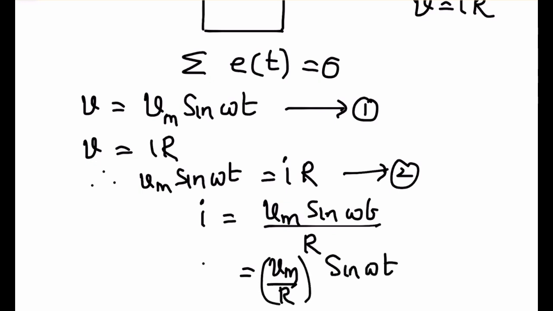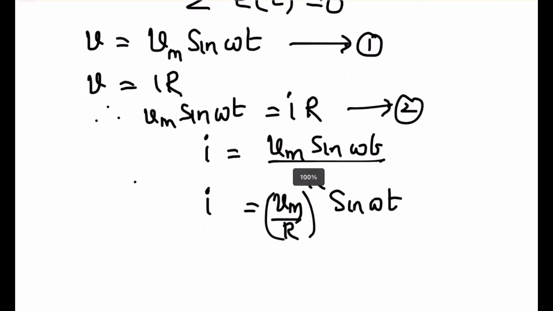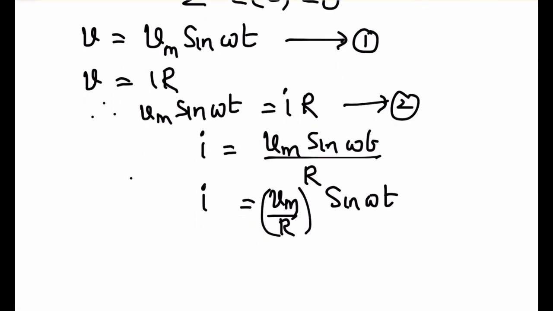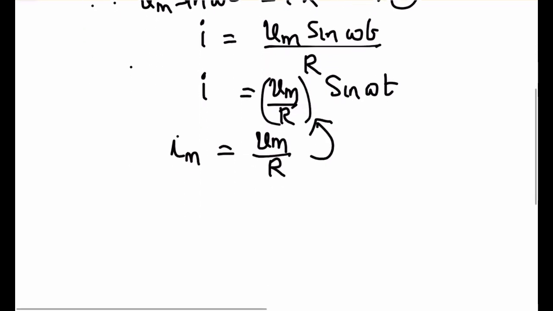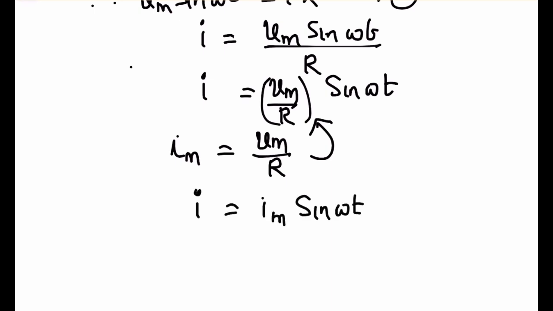Now you can see Vm is the peak voltage, therefore you can write Im, that is the maximum value of current or peak value of current, is equal to Vm by R. Substituting this value in this equation, we get I is equal to Im sin omega t. That is equation number 3.